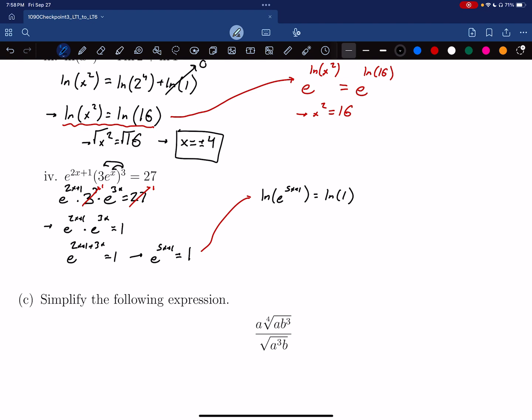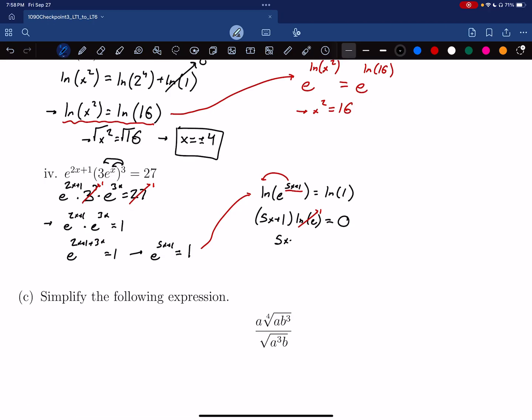Now, ln of e to the 5x plus 1, we can take that exponent out front, so we will have 5x plus 1 times the ln of e, and then this will be equal to 0 because ln of 1 is 0. And now ln of e is equal to 1. That's just definition. So we have 5x plus 1 is equal to 0. Thus, x equals negative 1/5.